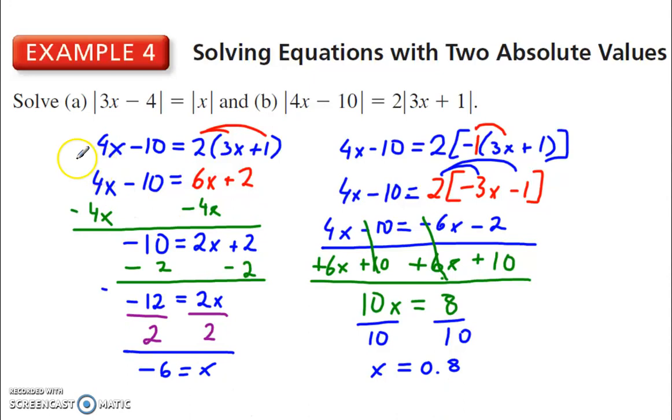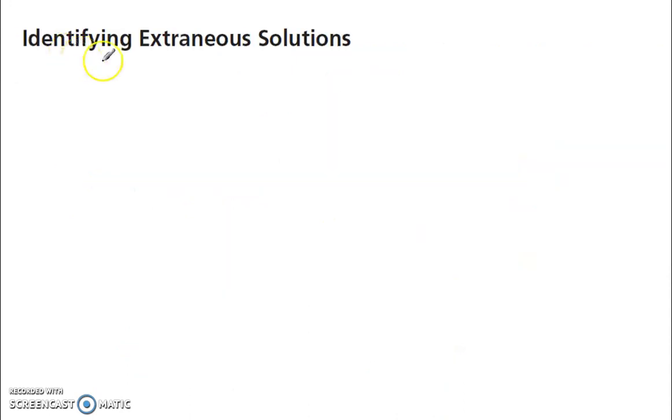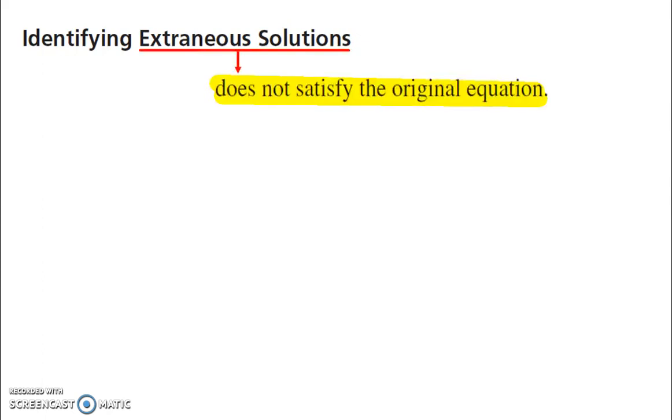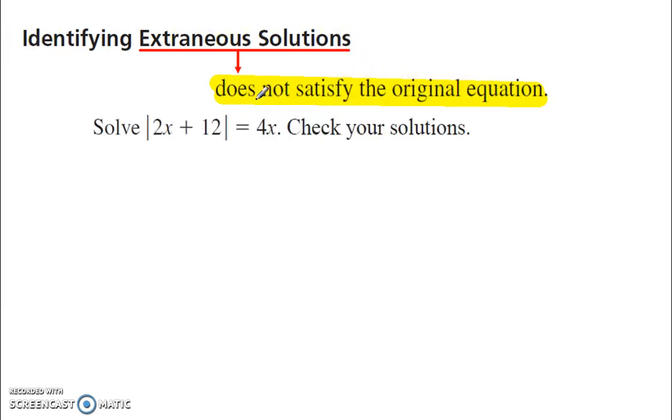All right. Now, you might run into something where you have what's called an extraneous solution. So that does not satisfy the original equation. So you can solve a problem like this. Okay, 2x plus 12 is equal to 4x.